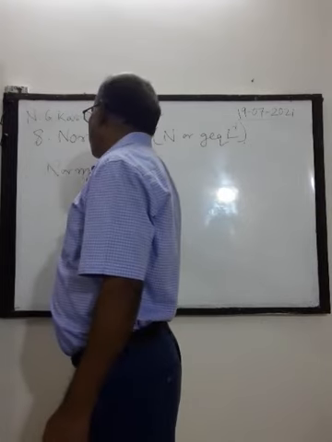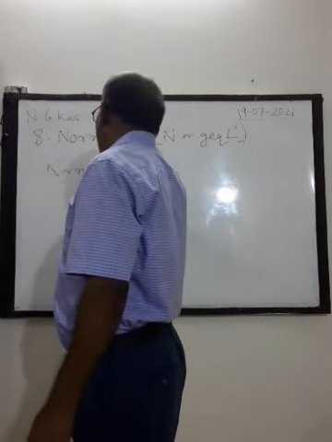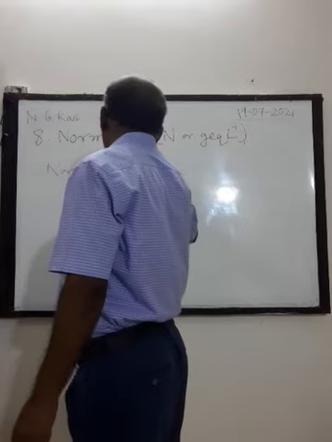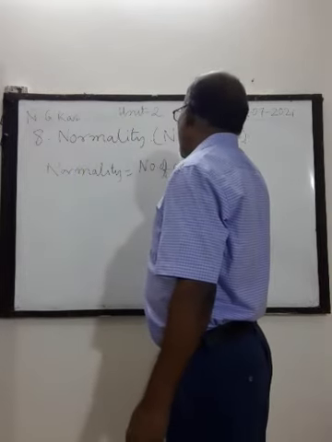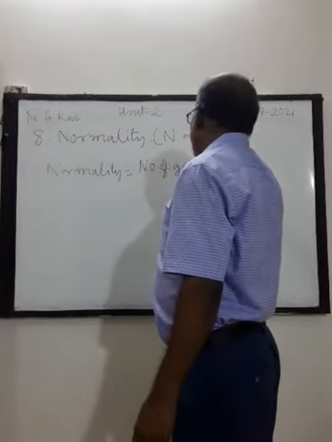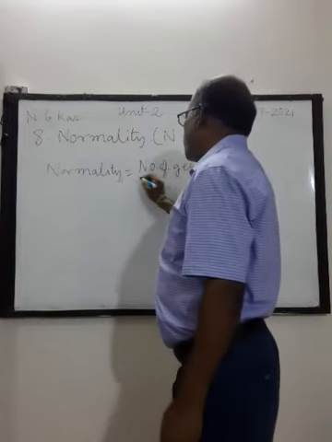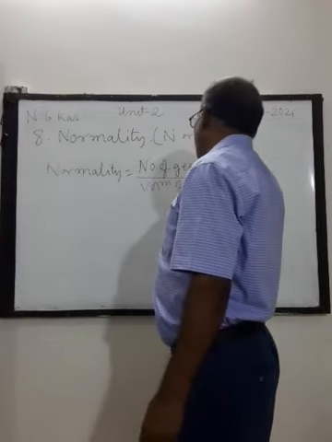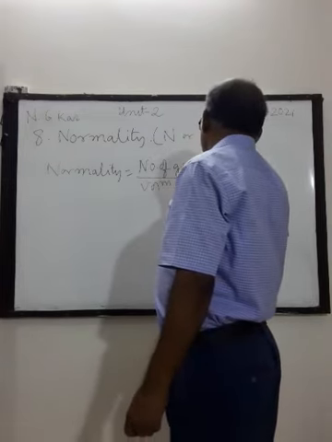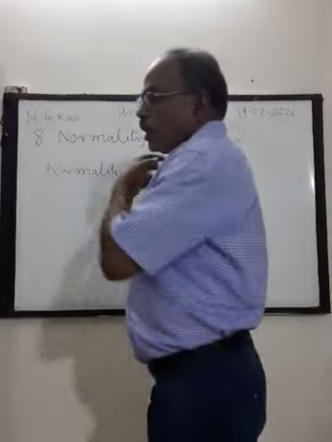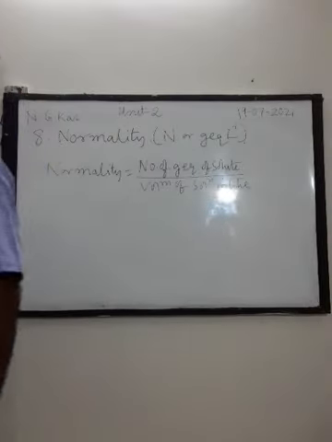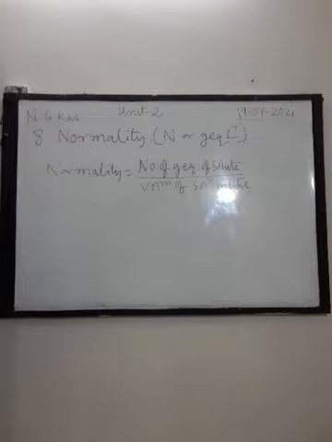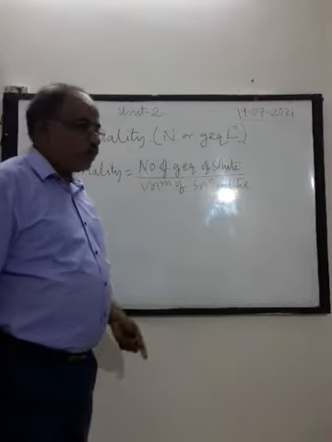Normality is the number of gram equivalent of solute present per liter of solution. So this is the general formula of normality. Now what is number of gram equivalent of solute?